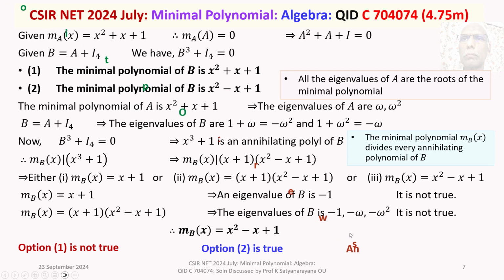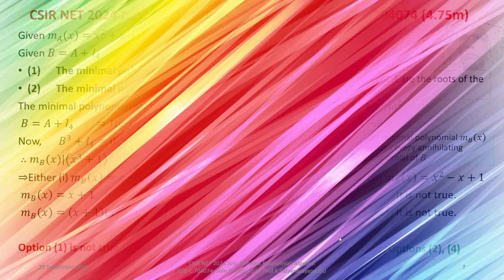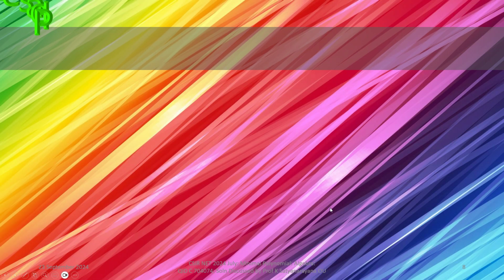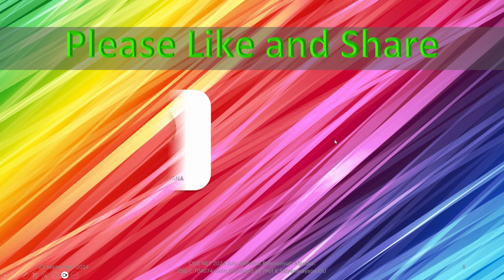The answer to this question is options 2 and 4. That is the detailed discussion of the solution of the problem from the section algebra, which is related to the properties of the minimal polynomials. I am sure that you have understood the solution of this problem.